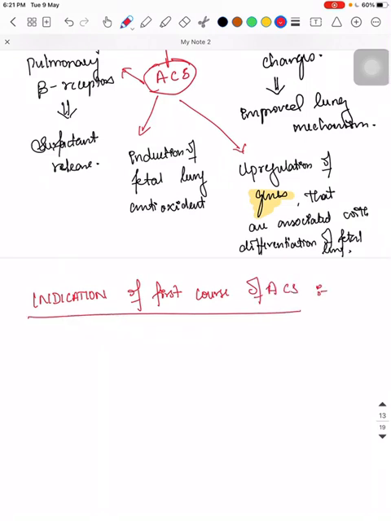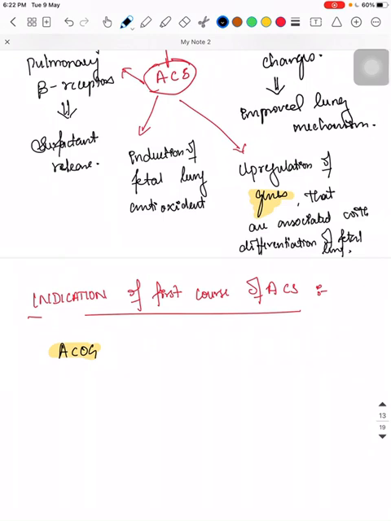According to ACOG guidelines, women at risk of preterm birth between the gestational week of 24 to 33 weeks plus 6 days are being given these antenatal corticosteroids.